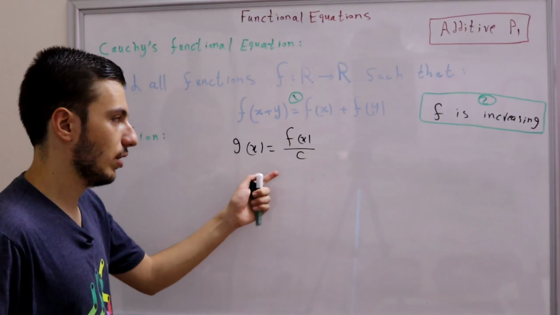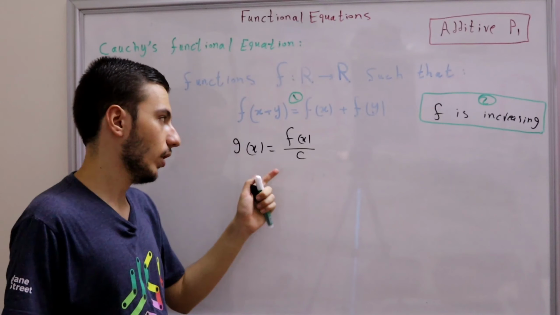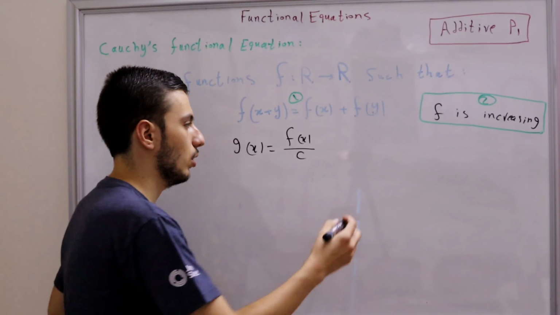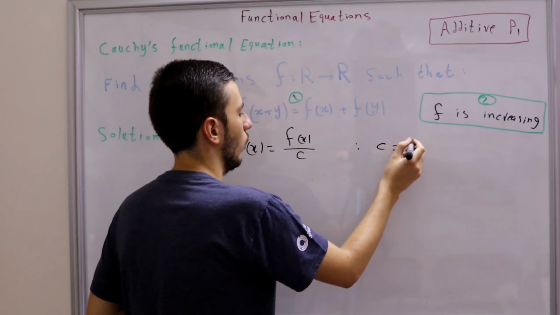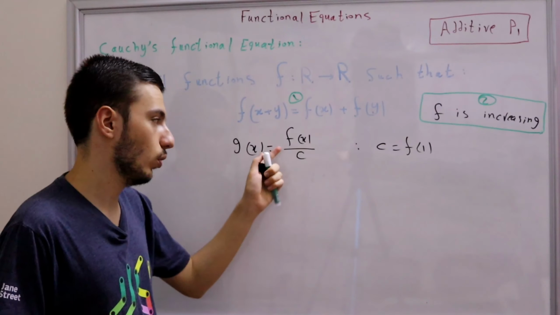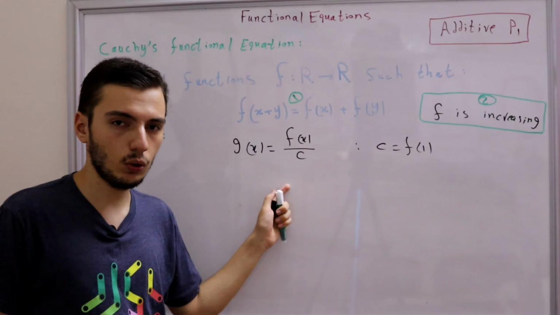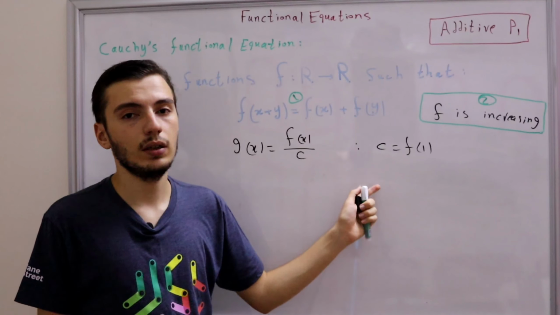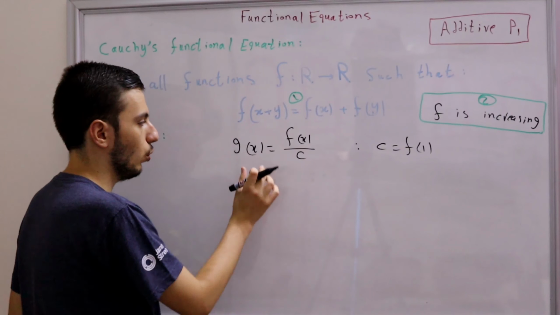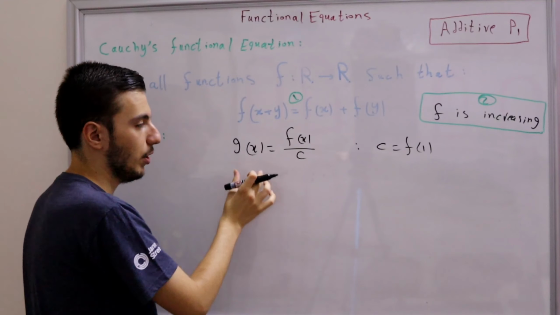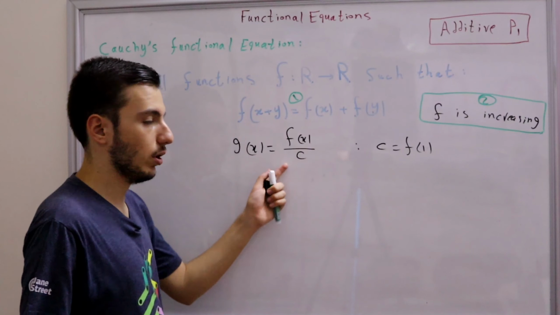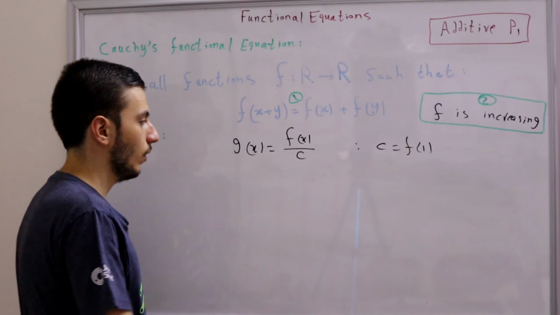We can just write c as f of 1, where c is f of 1, and define the following function, g of x equals f of x over c, or f of 1, and then we can solve the following problem. Okay, so g of x is still increasing or decreasing depending on c, right? So if c is positive or negative. Okay, great.